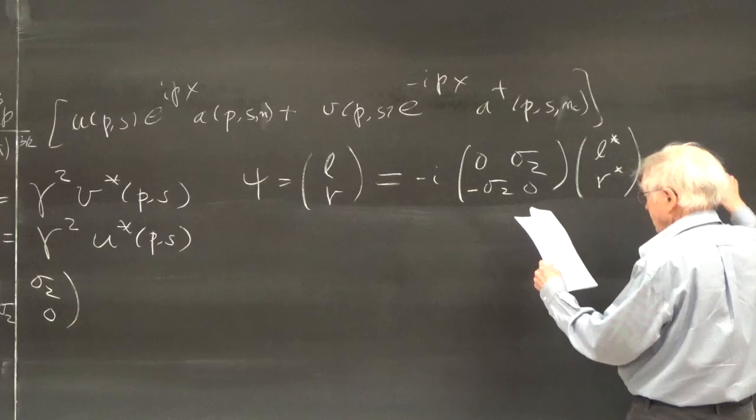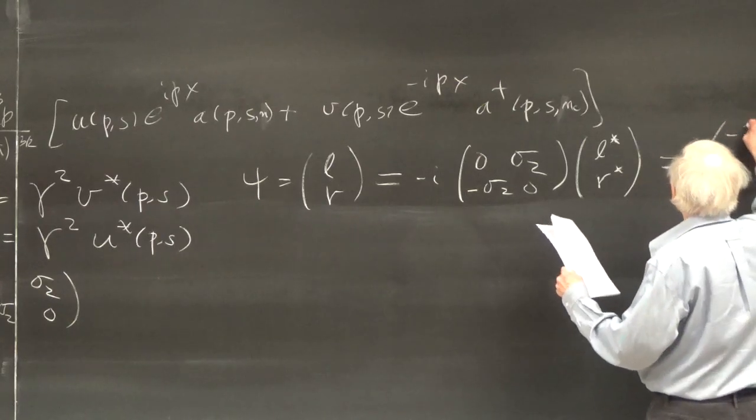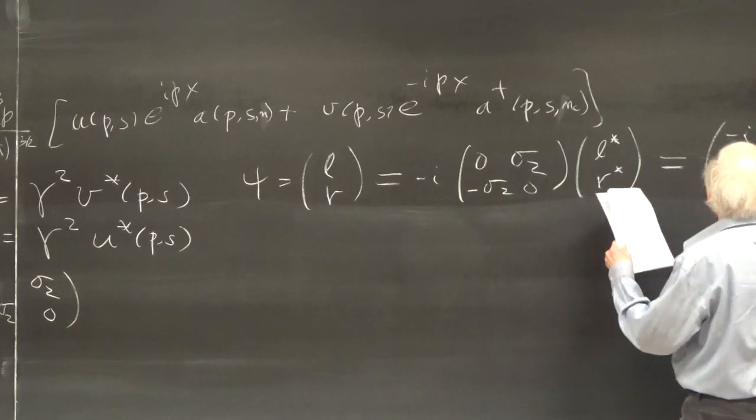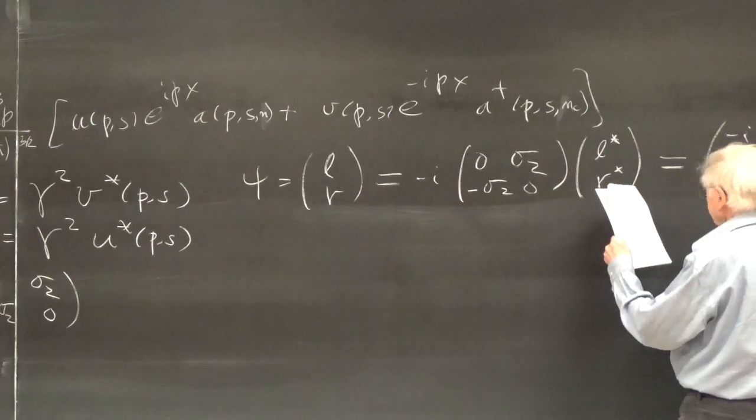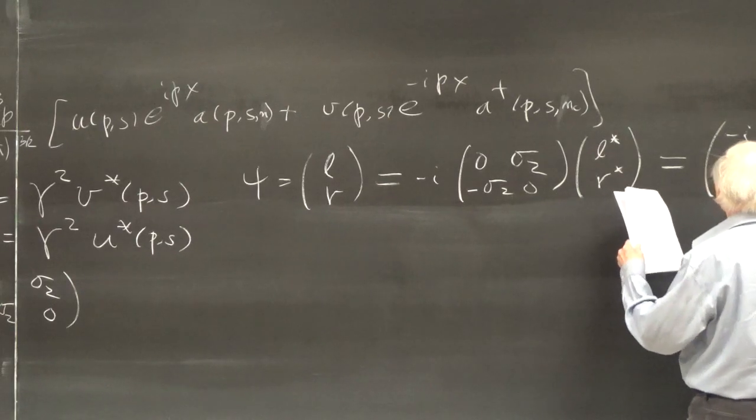And this is then minus i sigma 2 R star, i sigma 2 L star.